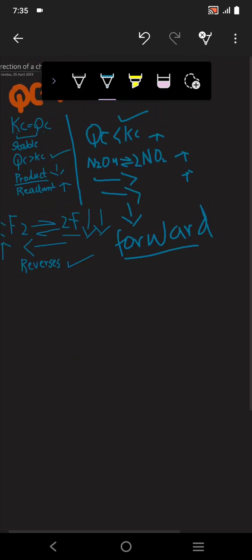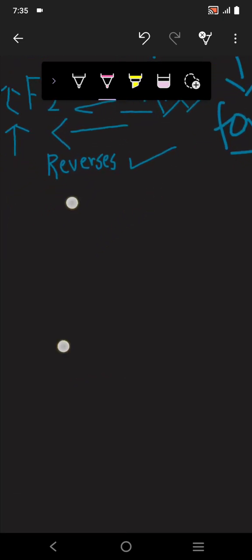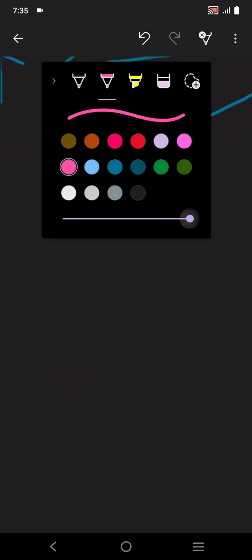I'm making the chart over here, showing how you can predict.